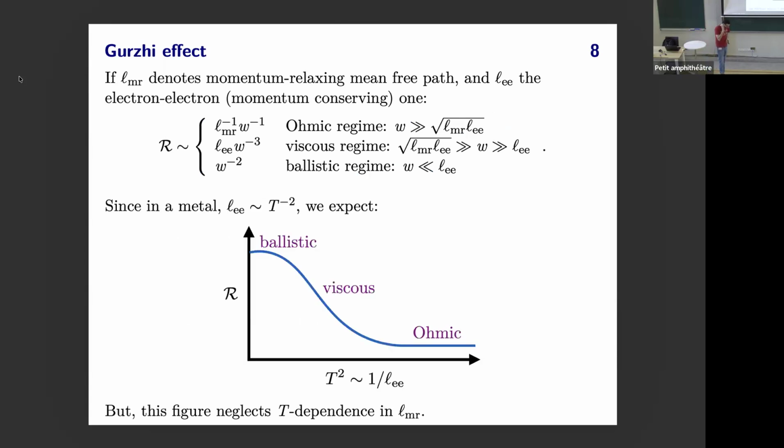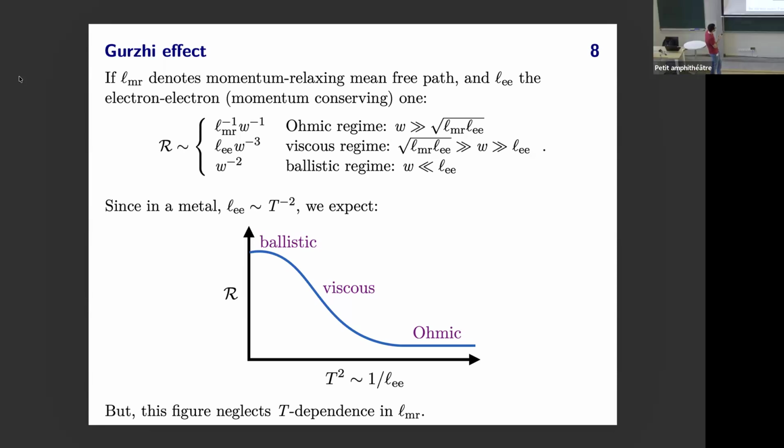There's another thing one can do, which is maybe a little more preferable to the experimentalist, which is to say, well, in a metal, I would expect that in a conventional Fermi liquid, LEE scales as 1 over temperature squared. So I can instead imagine just changing the temperature of the device and trying to work my way through these different regimes this way. And what would I see if I did that?